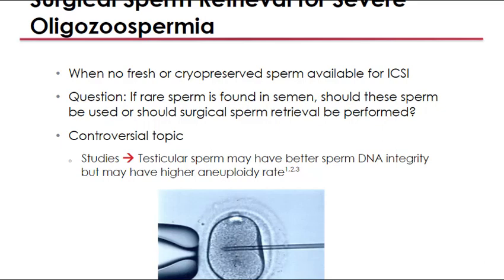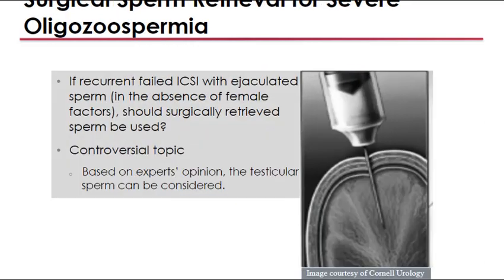Although some studies have suggested that sperm retrieved from the testis may have better chromatin integrity, others indicated that they may have a higher rate of aneuploidy than ejaculated sperm. Finally, in cases of severe oligozoospermia, when there is recurrent failure of ICSI with ejaculated sperm, it is uncertain whether sperm retrieved surgically from the testis will provide better outcomes. Further investigations will be required to answer these questions.